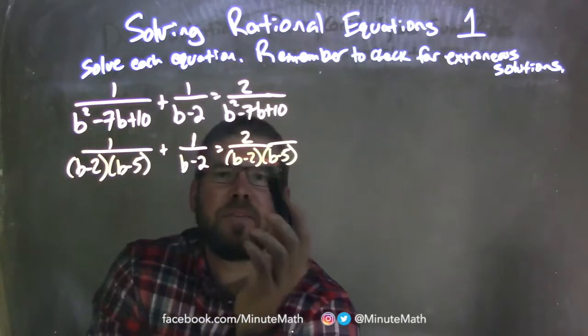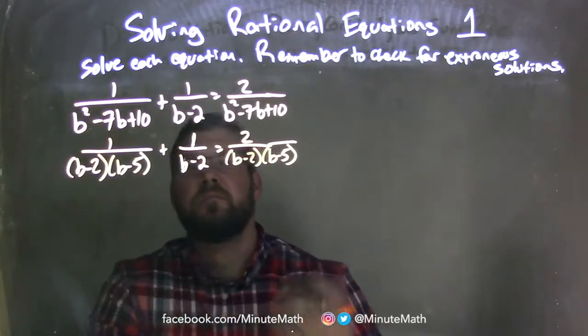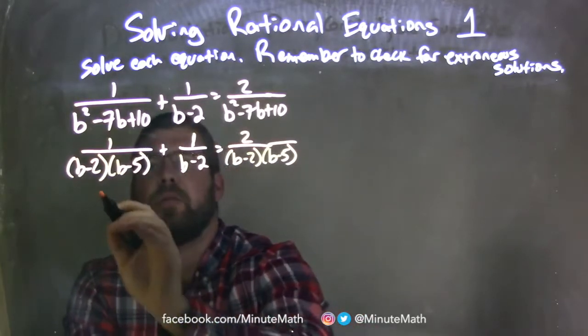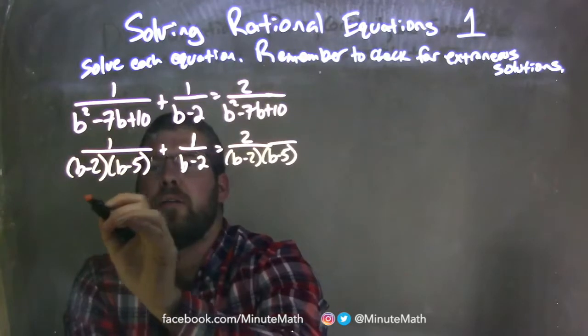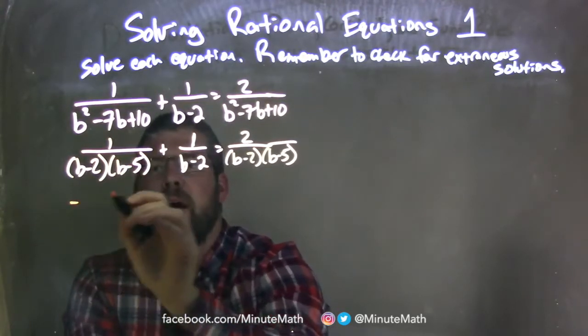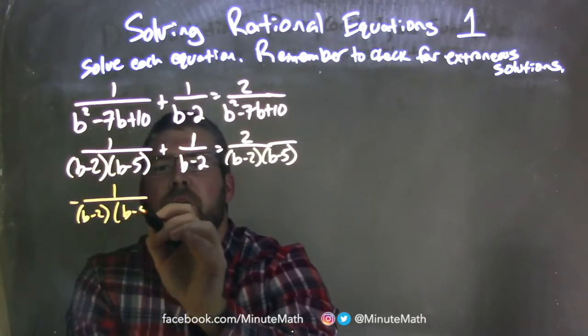Now, I do have the same base on the left and right, and so I could subtract them to both sides, and this one, actually, I will. I think I'm going to do that. So I'm going to subtract to both sides here. Well, this whole thing, so I'm going to subtract a 1 over b minus 2, b minus 5 to both sides.